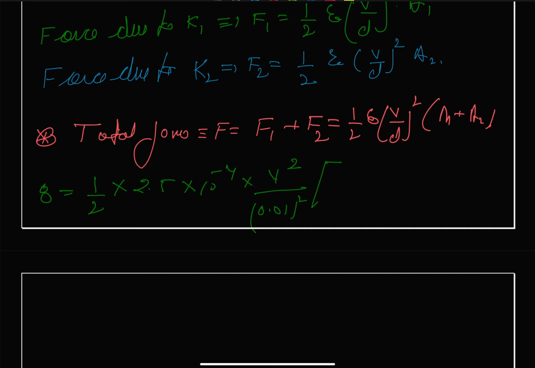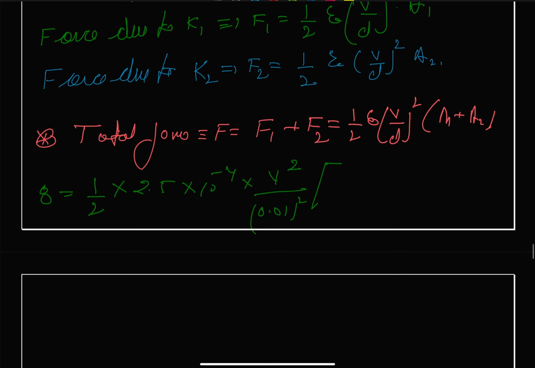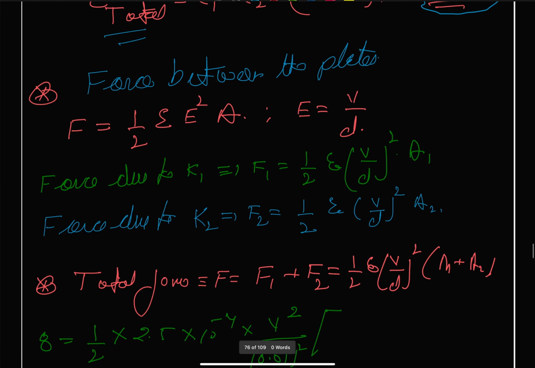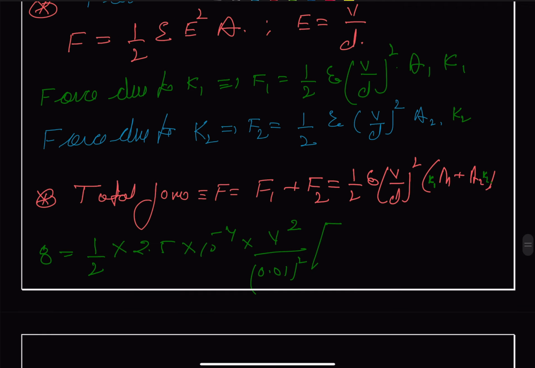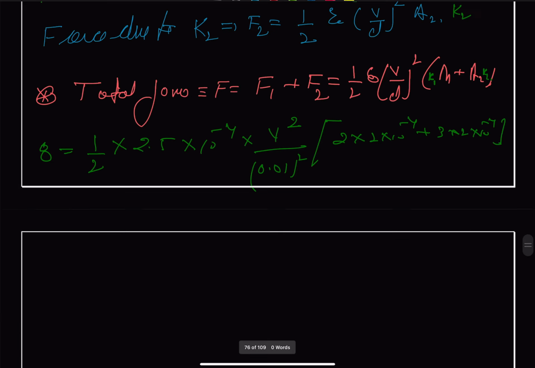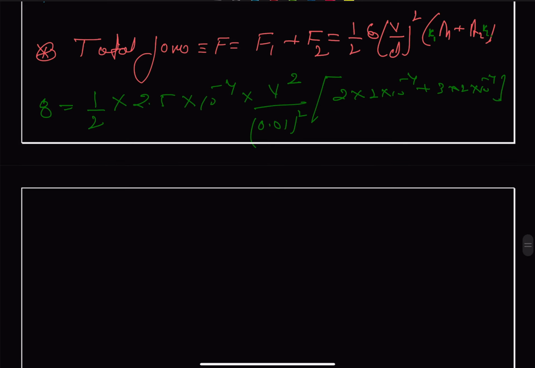Okay, I missed my K1, K2, so this comes as K1 multiplied by K2. So we are going to get 2 into 10 to the power minus 4 plus 3 into 2 into 10 to the power minus 4, because area is equally divided.